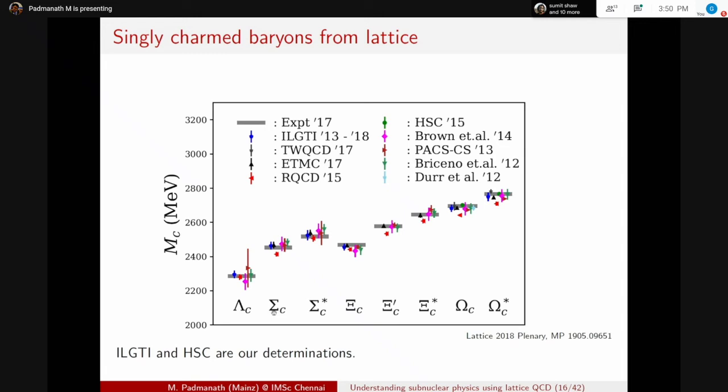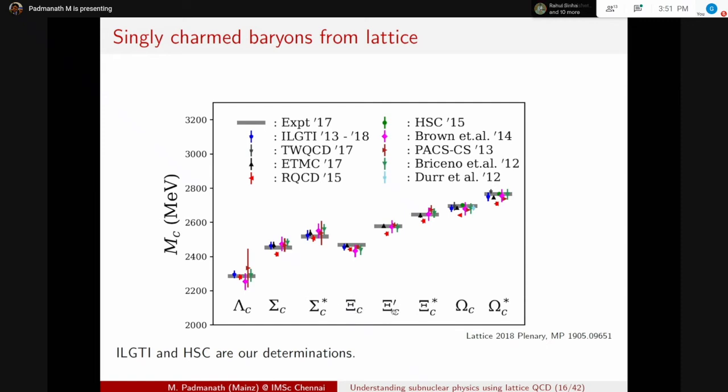So these are basically various different kinds of baryons. Lambda C is isospin 0, an isospin 0 baryon with a charm quark in it. Cascade C is isospin 1. Cascade C star is isospin 1 with spin 3/2.